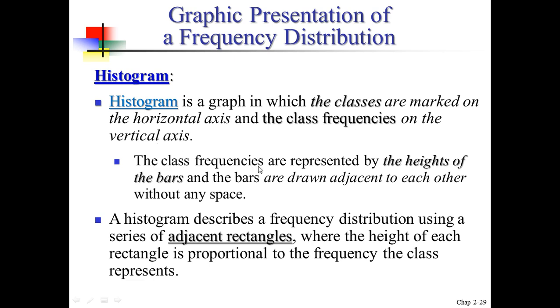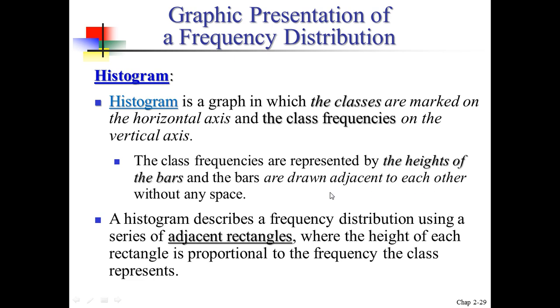The class frequencies are represented by the heights of the bars. Maybe you already got the point about bars from the first movie: the height of the bar. And the bars are drawn adjacent. What is adjacent?